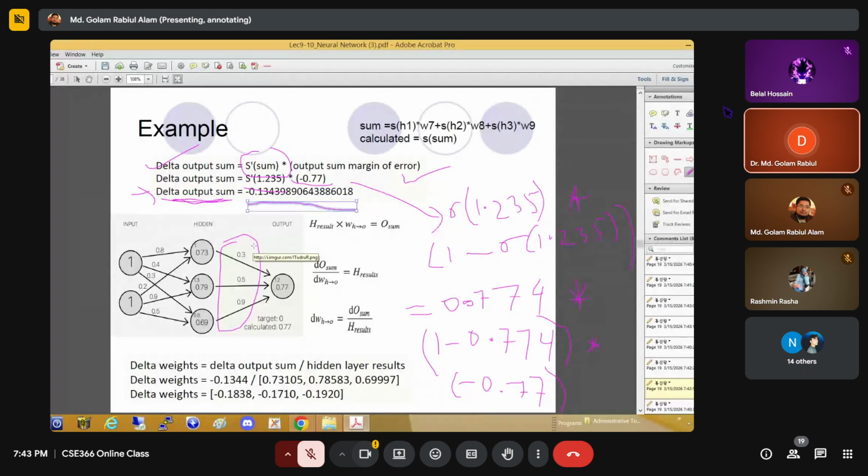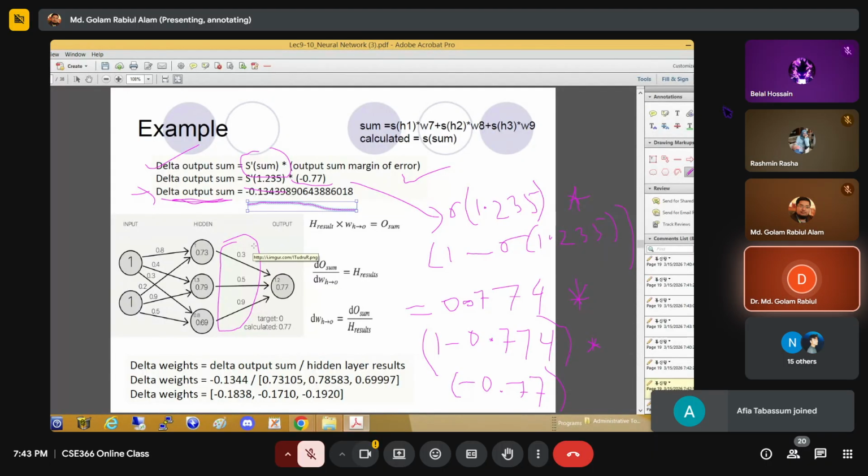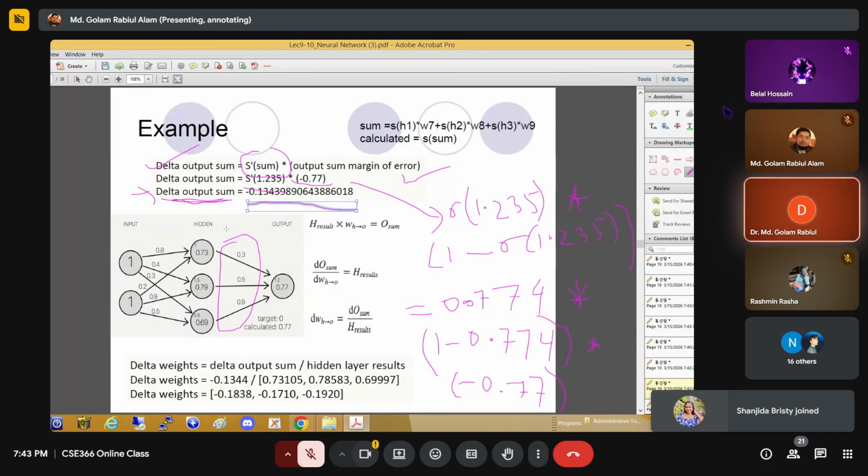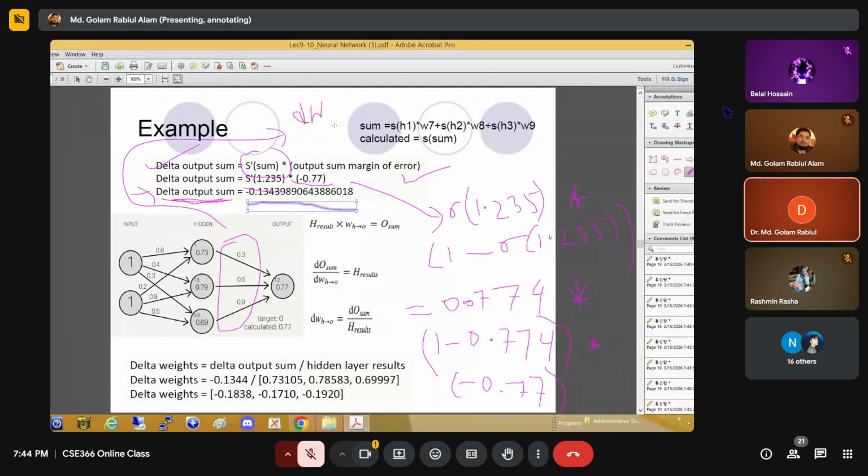Now we need to build a relationship between the delta output sum and our delta weights.